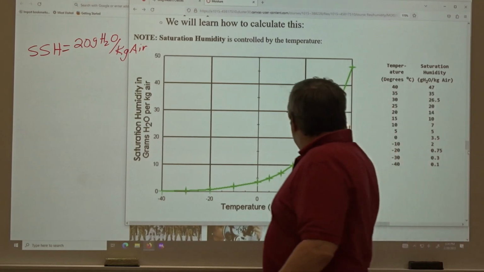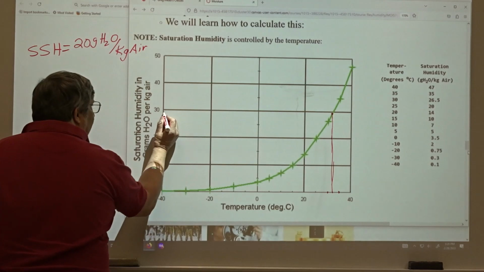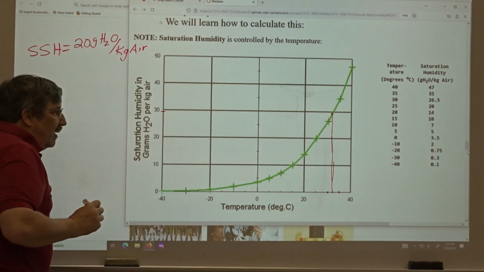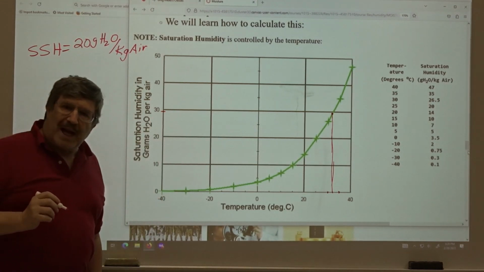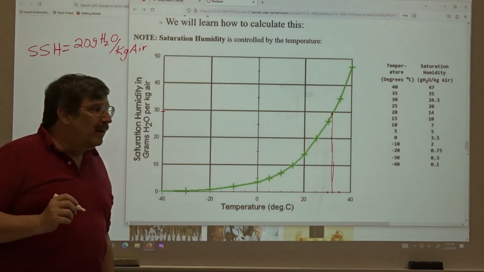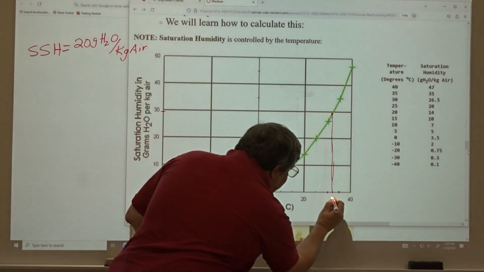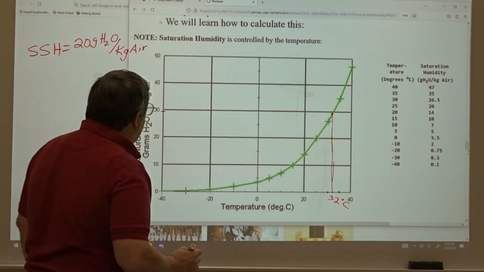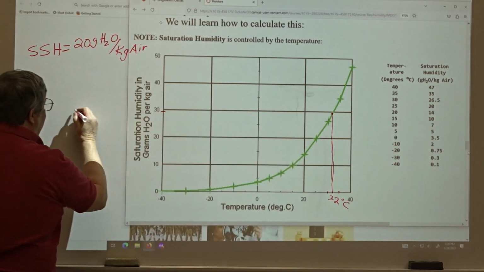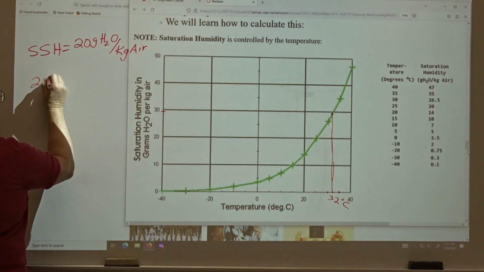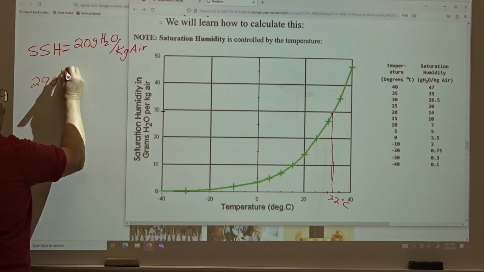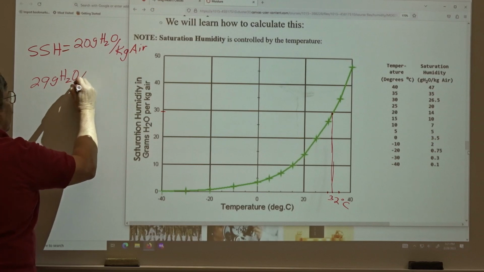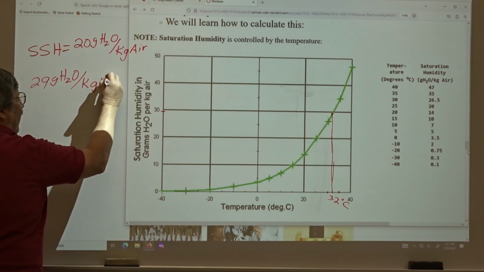We would then go straight over, and we would see that the saturation specific humidity at 32 degrees Celsius is, it looks like it's about 29 grams of water per kilogram of air.